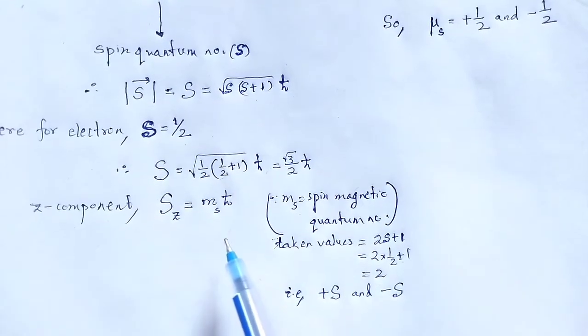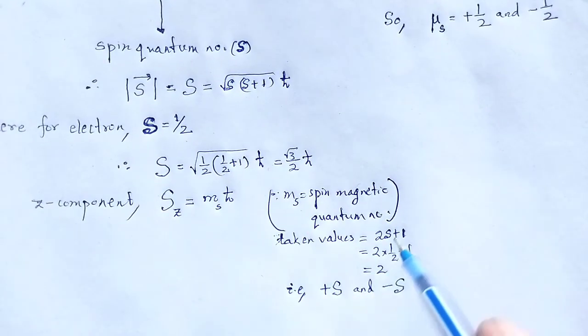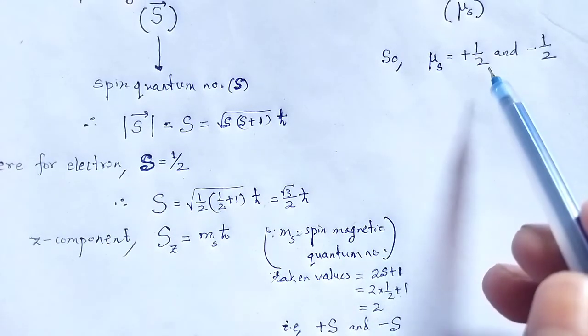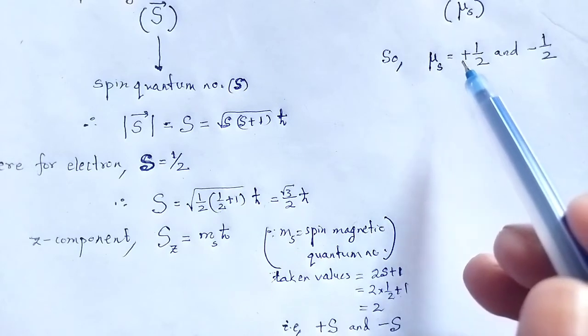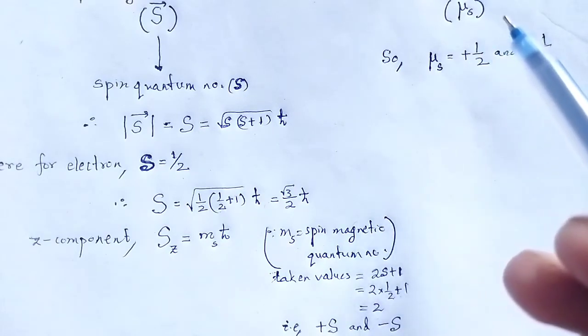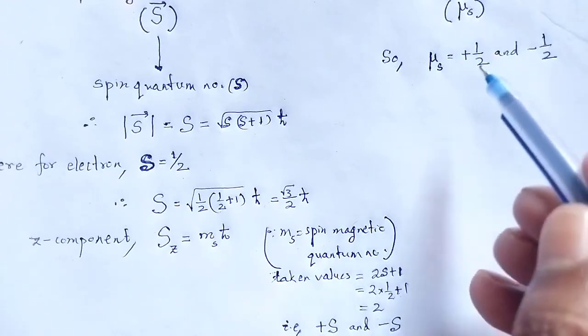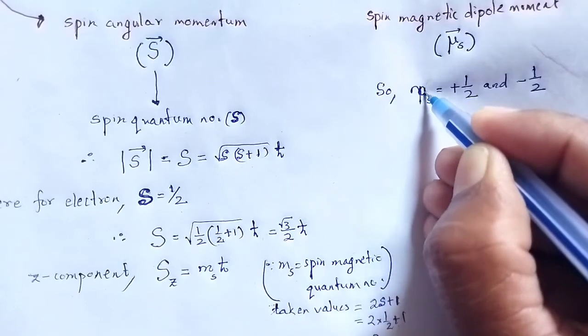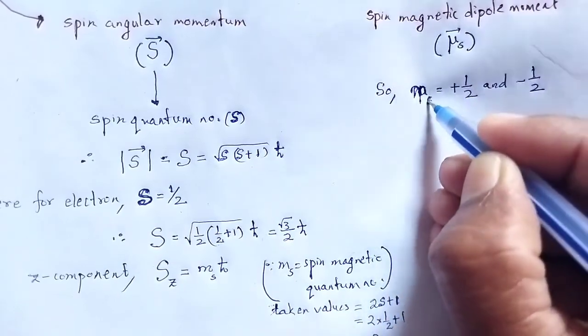And the z component, putting the m of s, that is not mu of s, that is m of s, sorry.